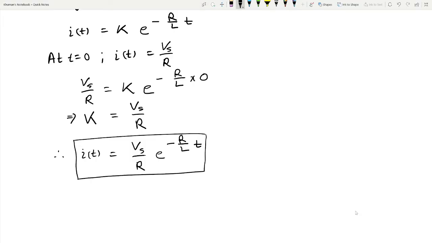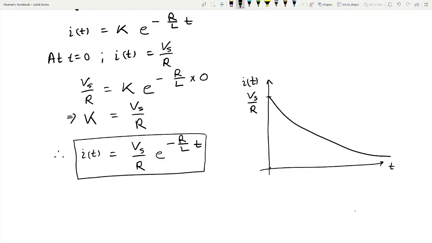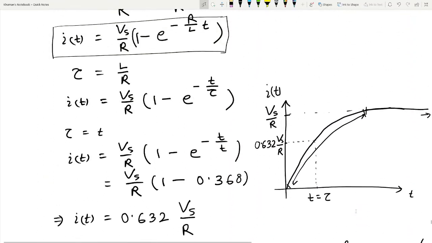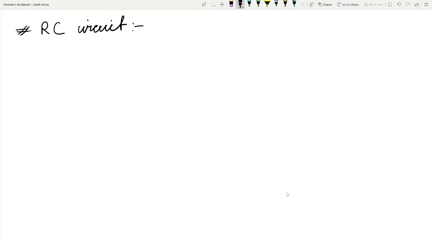For this one we can draw the i versus t plot. From here what we can see is that this response is the decay response, and this response is the charging response of the RL circuit.